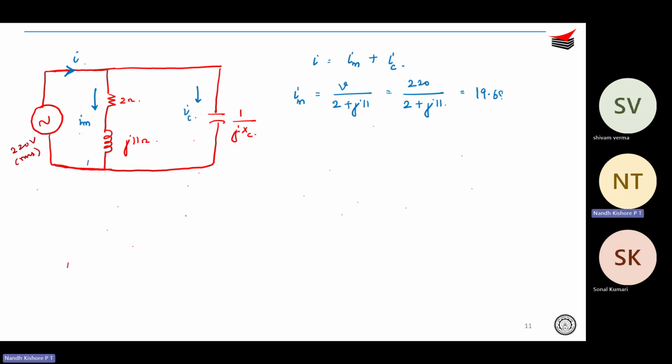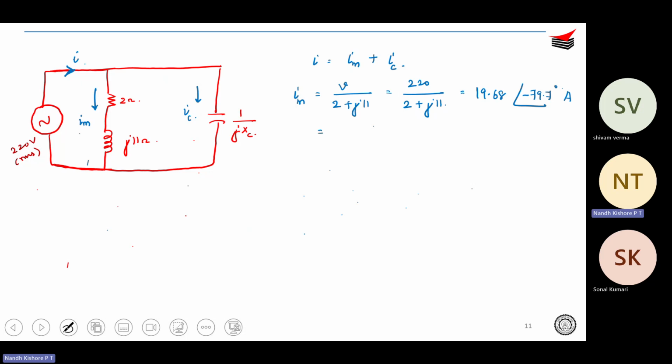This is one way of writing. Or let's put in some extra effort. Let's simplify this instead of writing directly in polar form, and convert this into rectangular form.